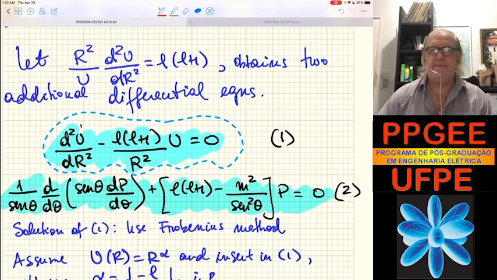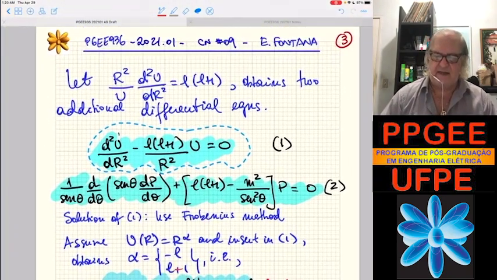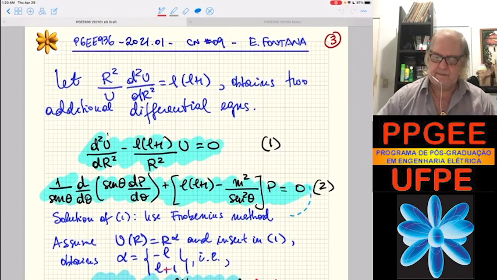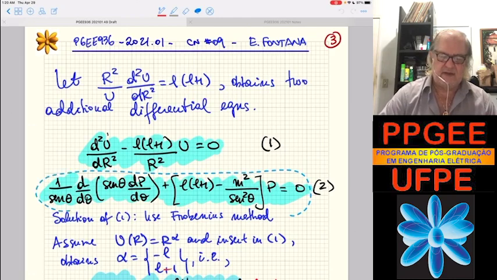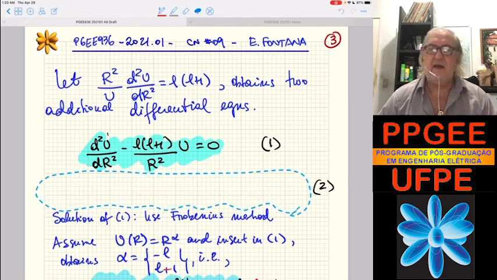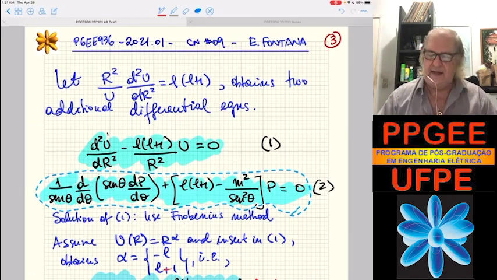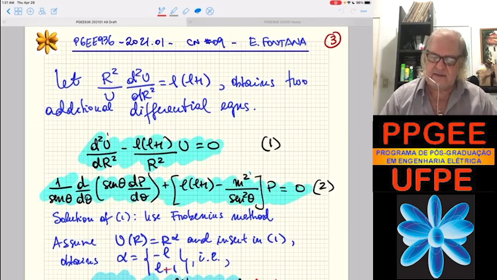And for the theta differential equation, we have something like this. So we're going to solve those. We solved already the equation for phi, for the azimuthal variation, and that index was transported back to this equation, right?